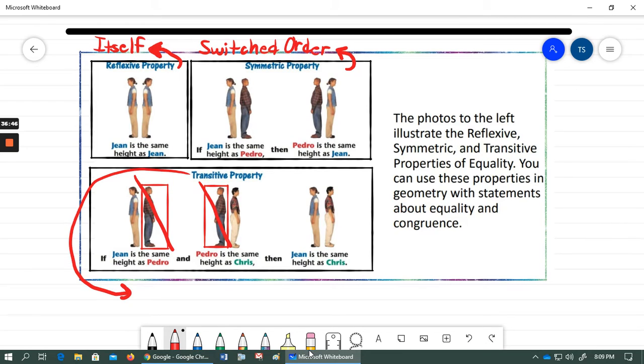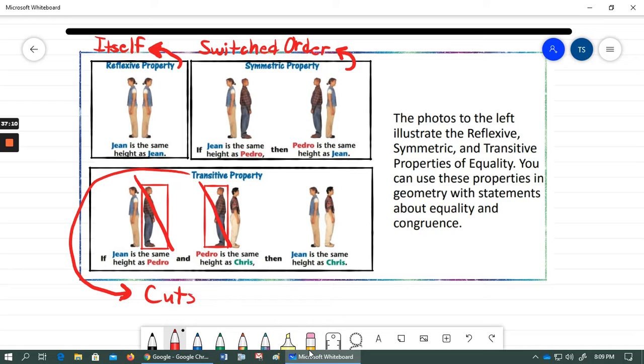All right, and this is just an illustration. These three photos are illustrating, and it's a way to help explain what these three properties are about. It's not actually stating the three properties, it's just an illustration.